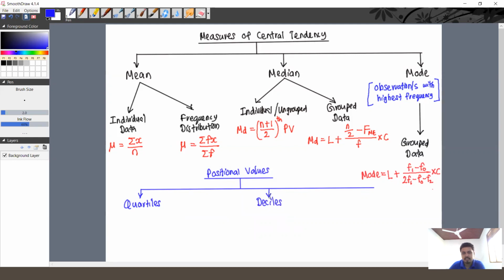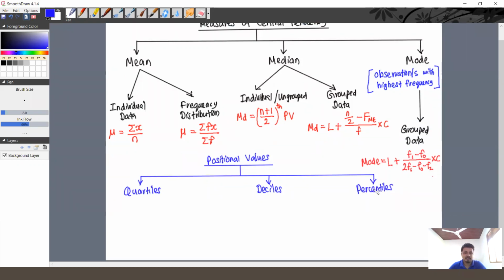We are breaking our whole data set into how many equal parts? 10. quartiles වල කරන්නේ අපේ data set එක සමාන කොටස් 4කට බෙදෙන එක. deciles වල කරන්නේ සමාන කොටස් 10කට බෙදෙන එක. සමාන කොටස් 100කට බෙදුවොත් අපි කියනවා ඒවා percentiles. Right? Okay.